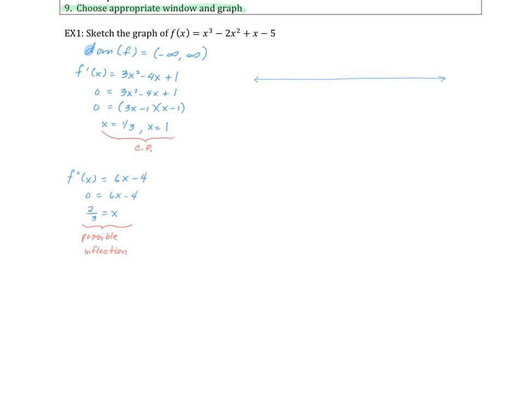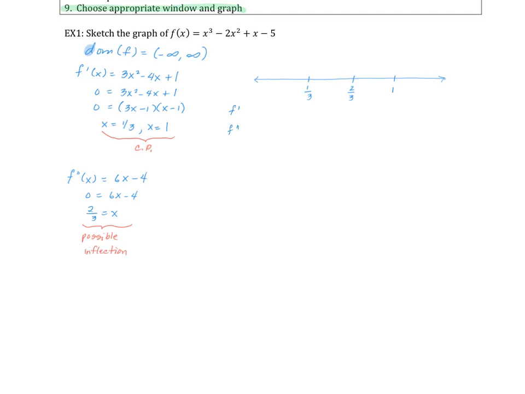I'm going to list all my critical points and possible inflection points from small to large. So we'll have 1/3, 2/3, and 1. I'm going to put the first derivative and the second derivative on the same chart, and you'll see why in just a little bit.